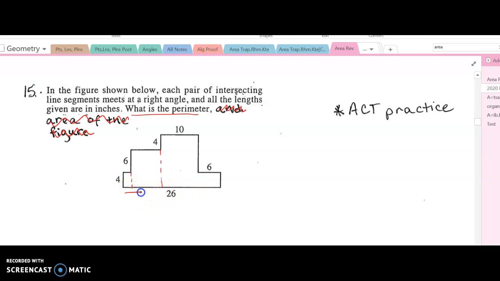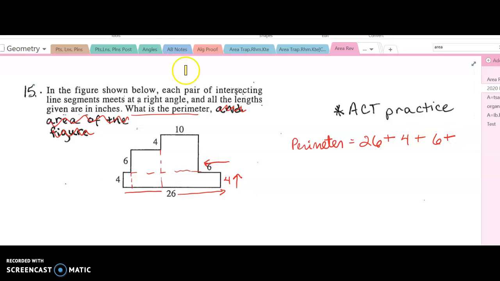So if I'm going to find the perimeter, I'm going to start here. Perimeter is the distance around the outside. So perimeter equals the 26 plus, okay, if I bust this up into a rectangle, this would be 4 plus 6 plus, and then this is where it gets interesting because I have no idea what that value is there in yellow, but what I do know is that that would be 4 and that this would be 6.